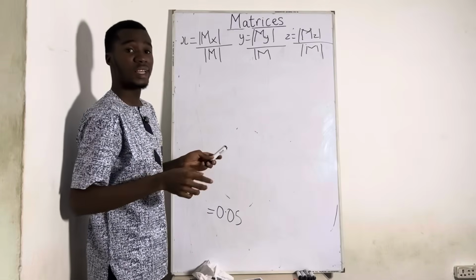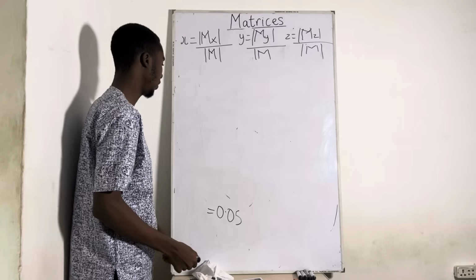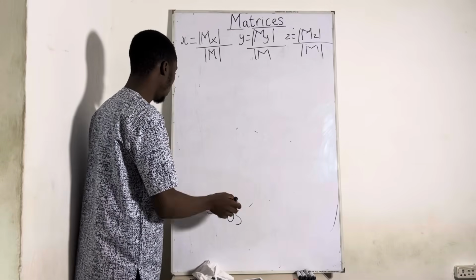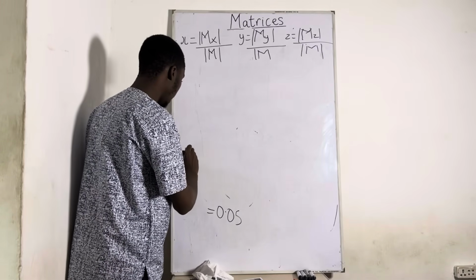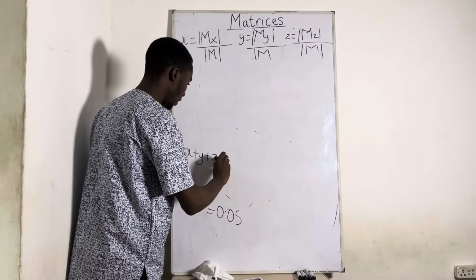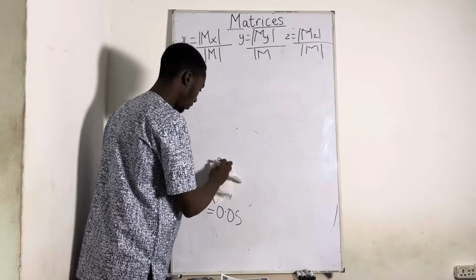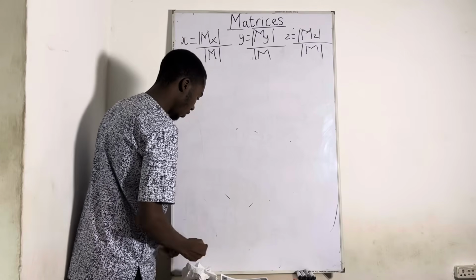And how do we find for it? I hope you've not forgotten the equations we got earlier on, our equation 1, 2, and 3. Let me just write it down so that you don't forget. So our determinant was 0.05.